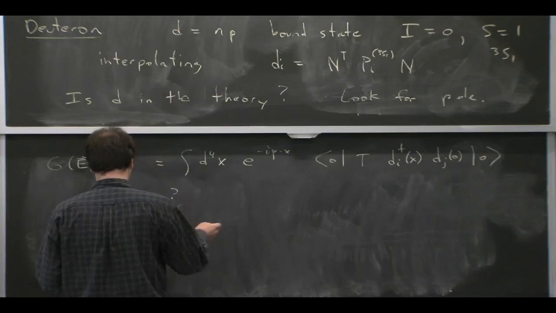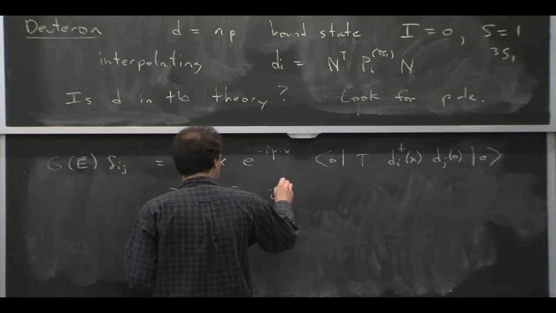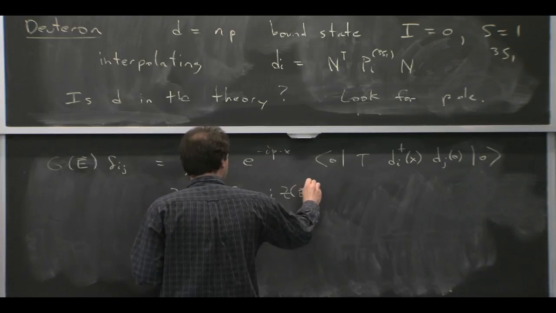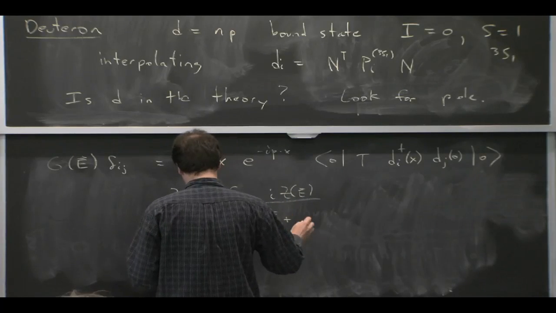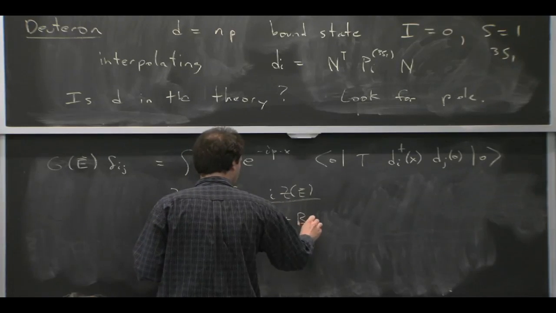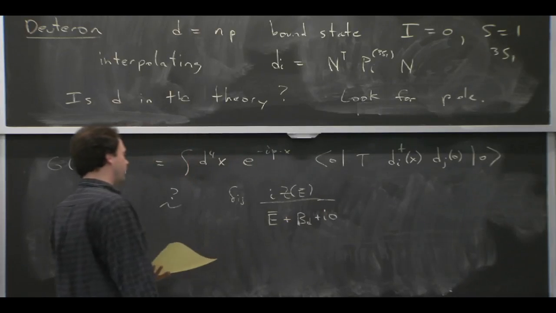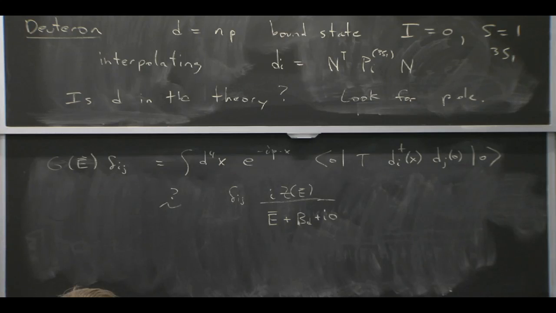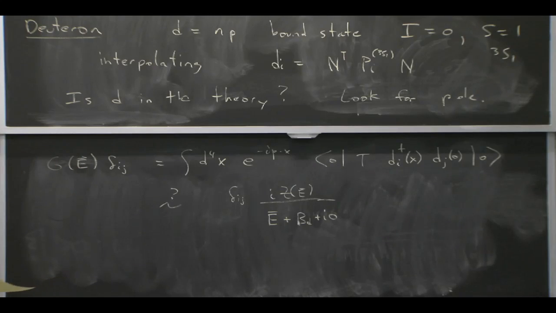I.e., somewhere, is there a pole which would behave as follows? Some kind of Z factor, and then, because of the way we've scaled energies, we would just be looking for a pole that's linear in the energy at some negative energy corresponding to the binding energy of that state.